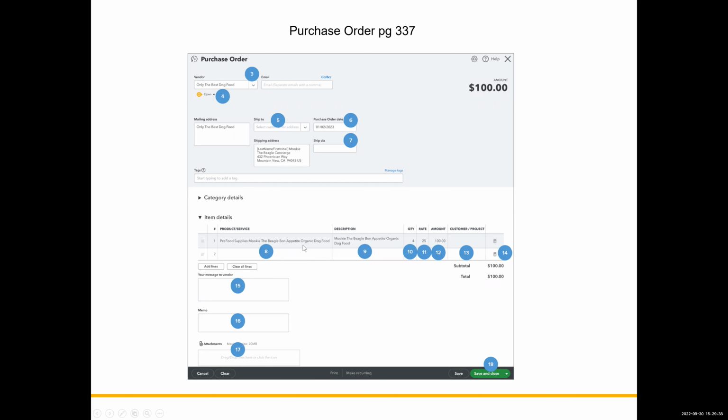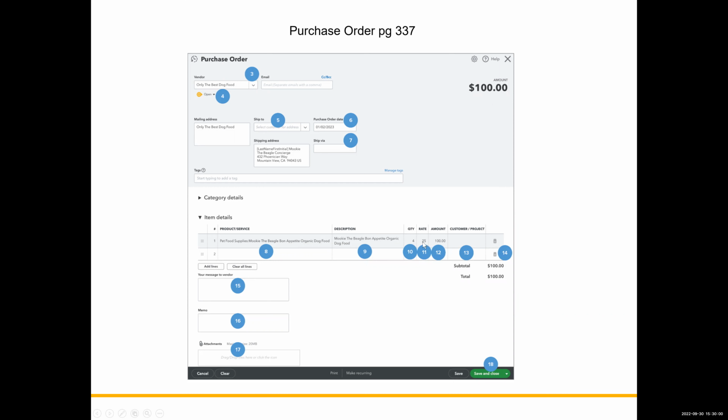In this case, it's that organic dog food. Now, your description should automatically pop up if you put a description in your products and services list, right, with the dog food. The next thing you need to do is put in the quantity. In this case, you're going to put in 4.